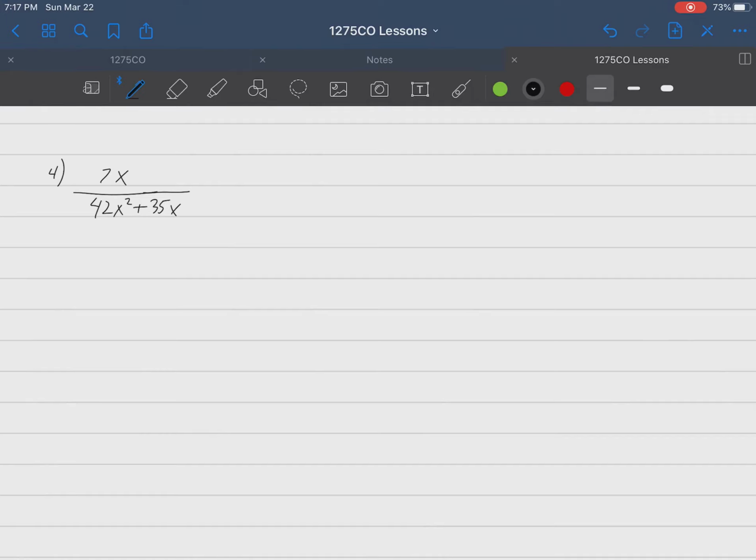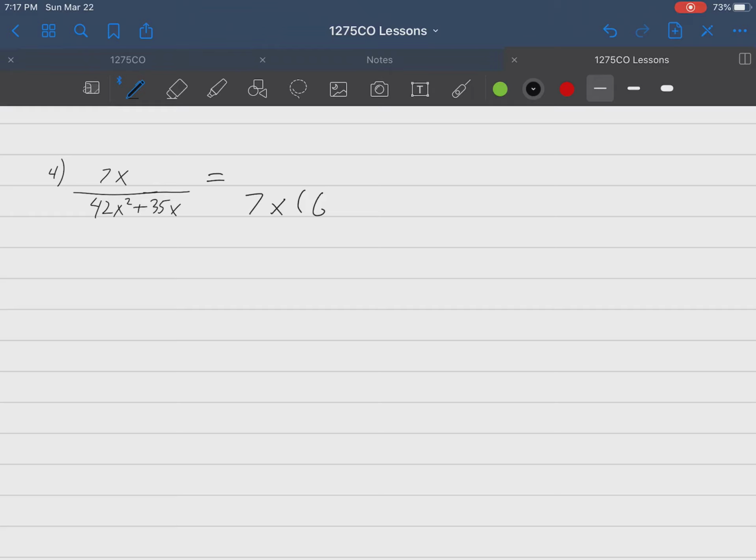7x on top is not going to reduce, not going to factor, but 42x squared plus 35x probably will. So let's start with that. Greatest common factor between 42 and 35. That's equal to 7. Between x squared and x, the common variable is going to have the smallest exponent be the greatest common factor.